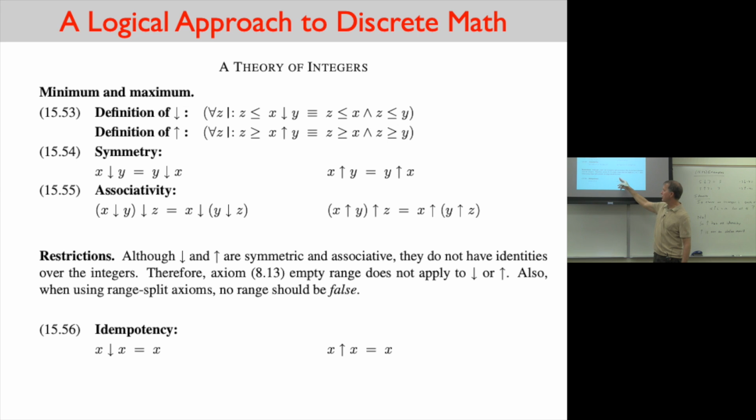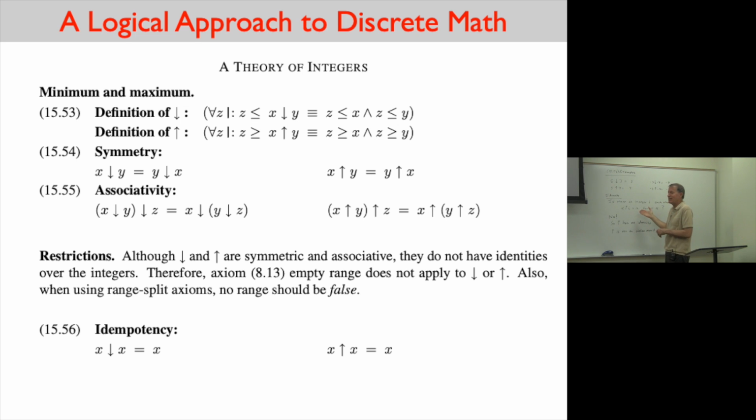Therefore, axiom 8.13, empty range, does not apply to min or max. Also, when you use the range split axioms, none of the ranges can be false. As long as you have these restrictions, you can do it. So we're going to do it, but recognize that not all of our theorems apply. Other than that, it's just too convenient to have it be otherwise.